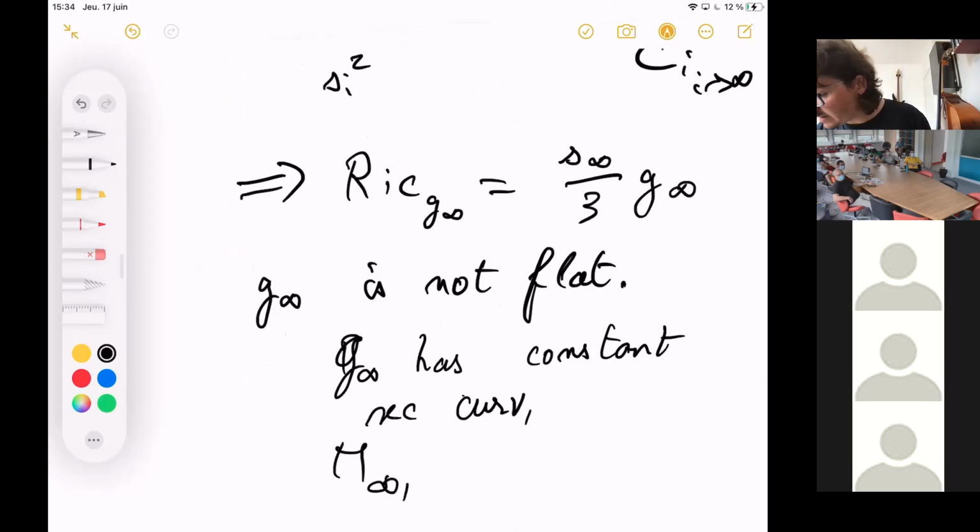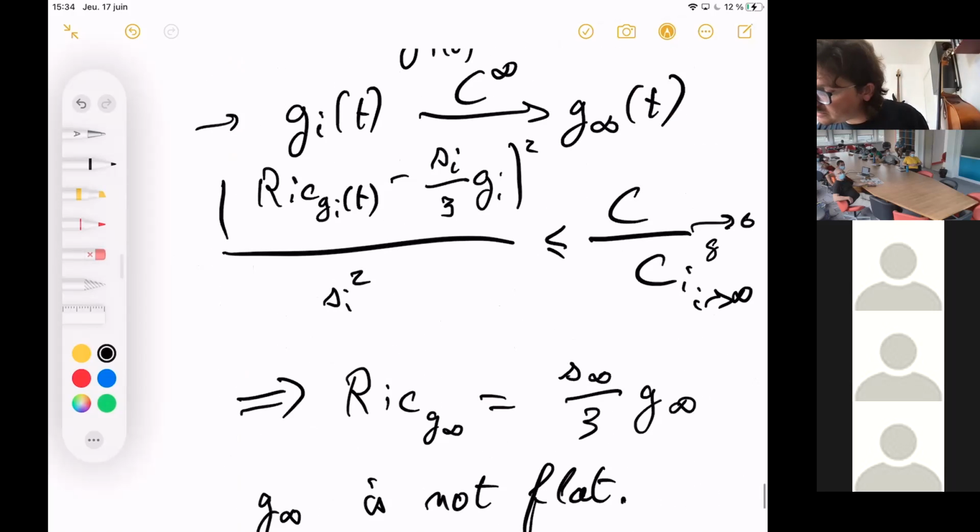So that tells you that M_infinity, g_infinity, this convergence here is a pointed convergence. Maybe I should be clearer here. We have to be a little careful.